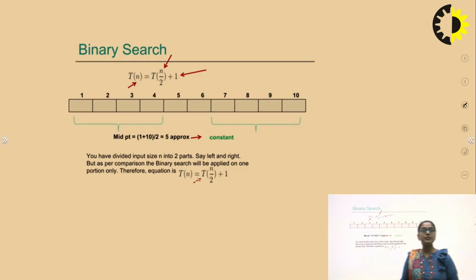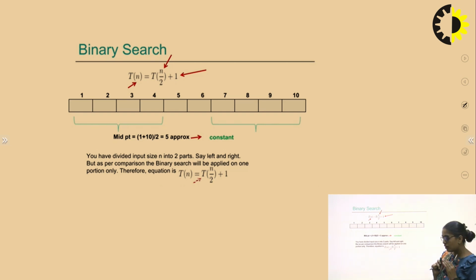Now I am taking one very important, powerful approach, binary search. I am not telling the complete process of binary search, I am just explaining how we get the recurrence relation of the binary search algorithm.